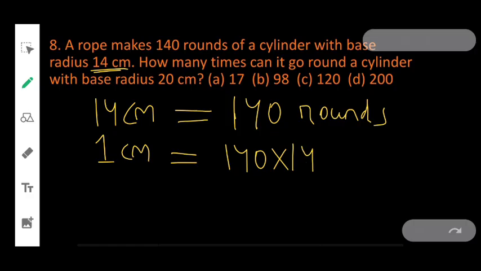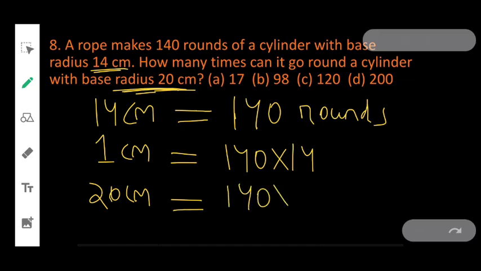Okay, as this is inverse variation, so we have to do multiplication here, and we have to find out when the radius is 20 cm. So in 20 cm, the roof can make 140 multiplied by 14 divided by 20.